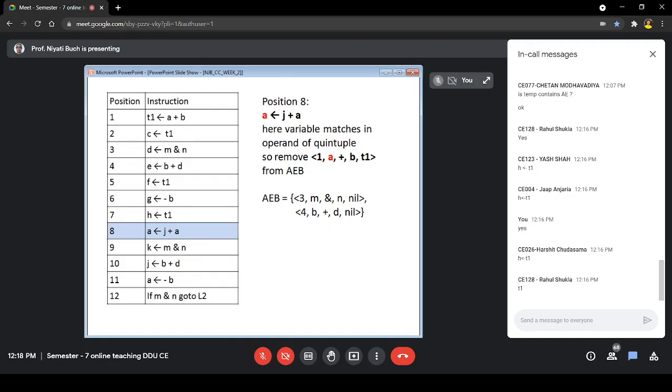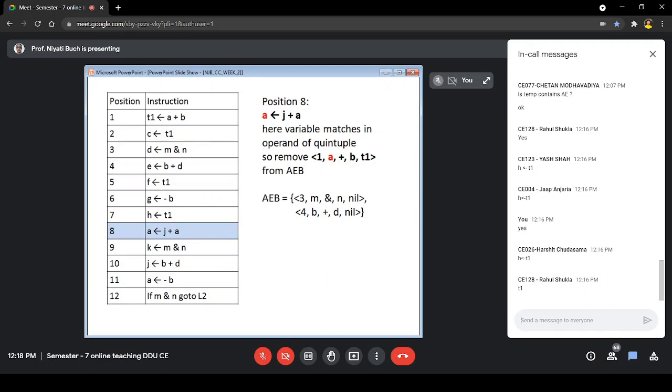So what we have to do? We have to remove wherever A is occurring in our AEB. Which quintuple will we now remove? 1, A, plus, B, because there you see an A. So it is removed from AEB, and the new AEB, as you can see in your slide, will now have only 2 elements.